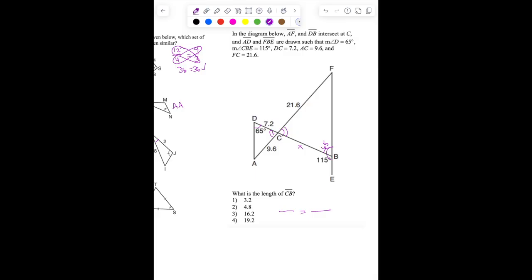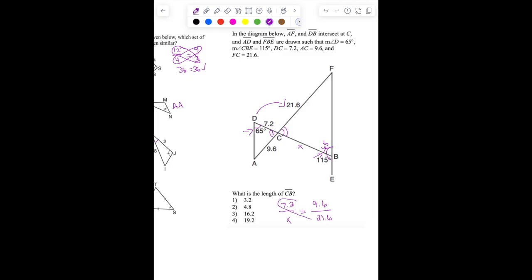So we're going to just imagine rotating this triangle so it lands on this triangle so that the angle with the mark on it lands on the other angle with the mark on it. So 7.2 is going to correspond to the X, and 9.6 is going to correspond to 21.6.